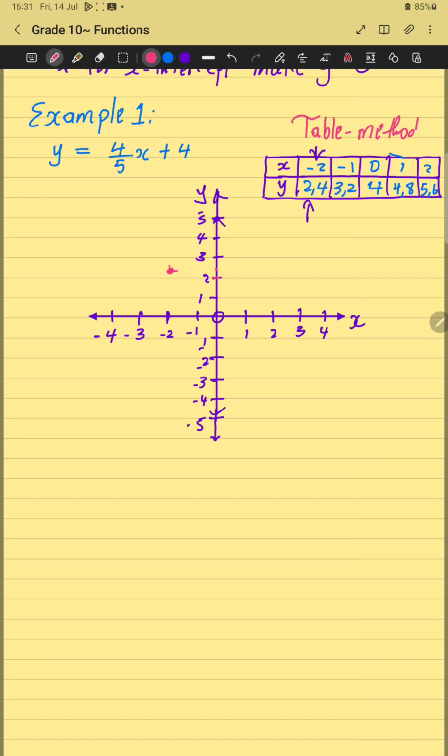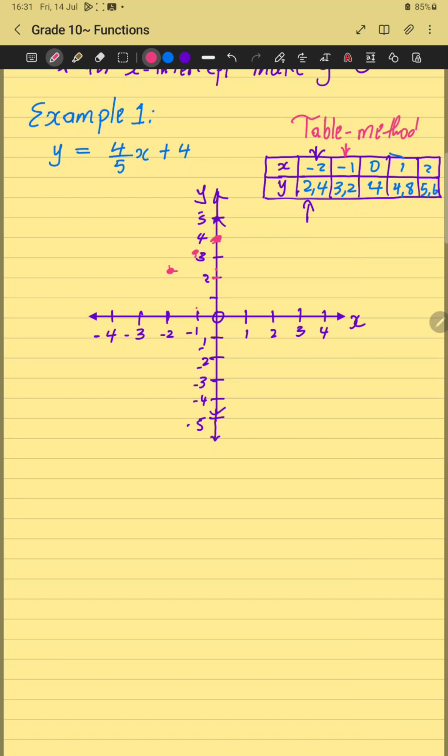And then the next one must be when x is -1, y is 3.2, just somewhere here. And then when x is 0, y is 4, just over here.